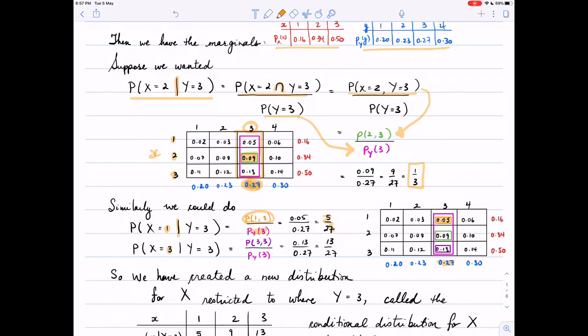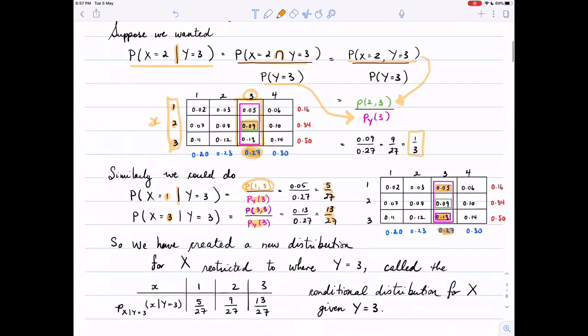And then we can do the same thing for x equals 3. So that's the probability of 3, 3, in purple here. That is the numerator, the joint PMF, P of 3, 3, over the marginal PMF. Again, this entry over the column entry. And so that gives us 13/27. So we've looked at all the x values.